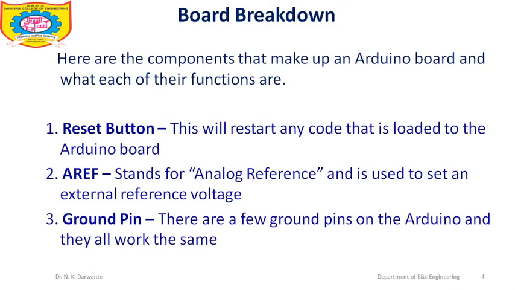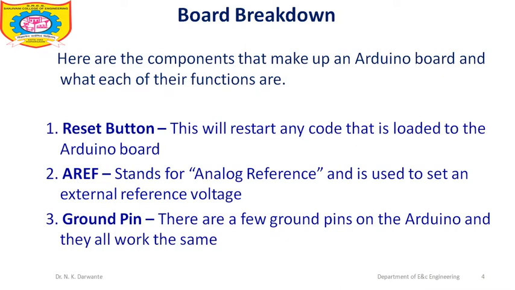Here are some components that make up the Arduino board, and more or less you can see these components available on all the Arduino boards. Even Uno boards have all these components, and similarly you will find these components on every Arduino board. Even on clones also you will find these Arduino components.